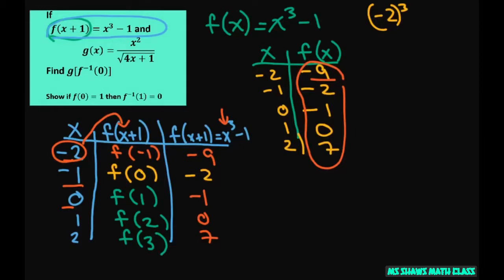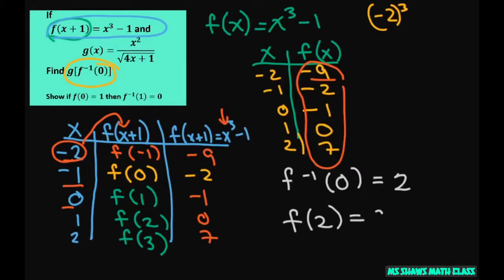All right. Now, what they're asking is, show that they're asking for g composed with f inverse of 0. So this is why I did the other part. f inverse of 0 equals 2. And you could say f of 2 equals 0.